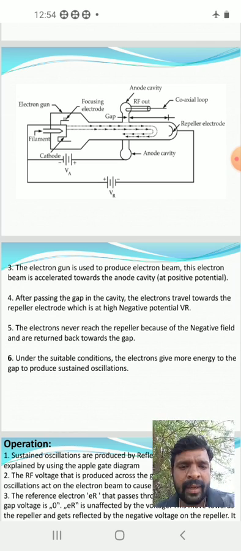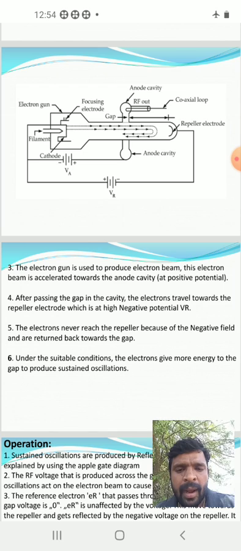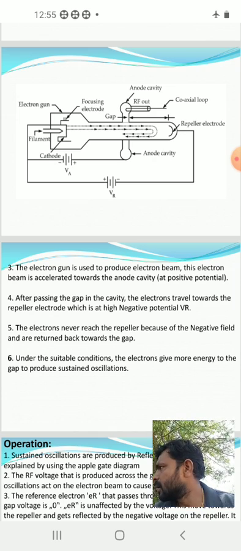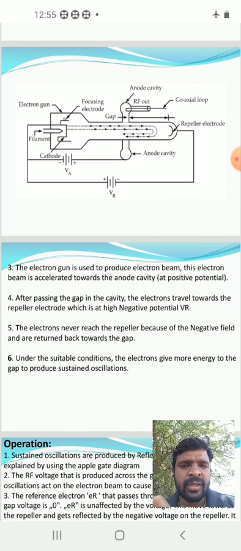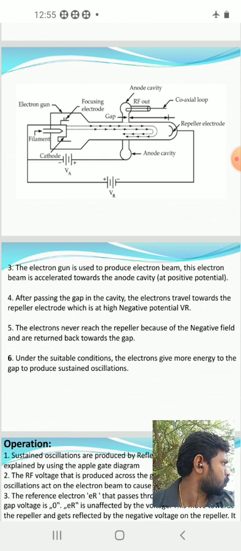After passing the gap in the cavity, the electrons travel towards the repeller electrode which is at high negative potential, and the electrons never reach the repeller because of the negative field and are turned back towards the gap. That means the electron gun generates the electrons, and these electrons are transmitted through the vacuum tube towards the repeller electrode.